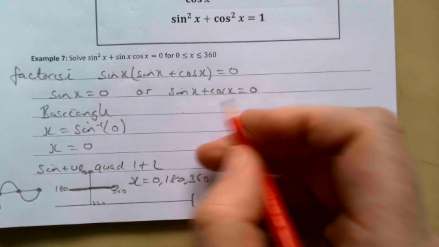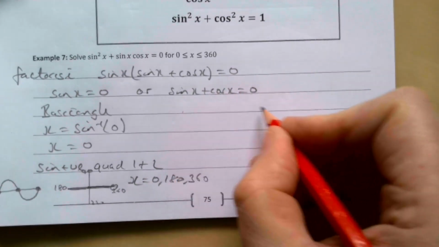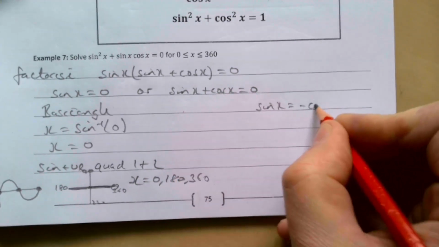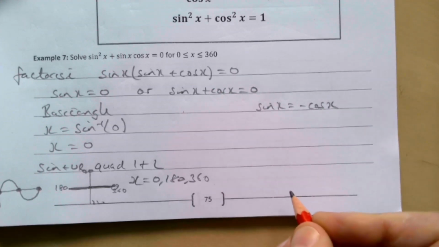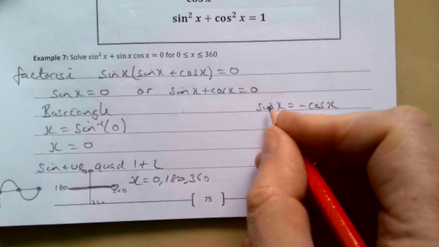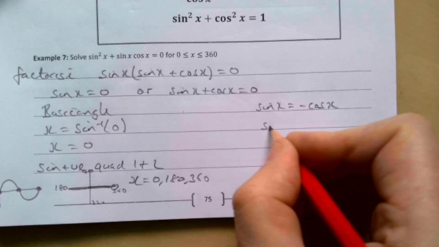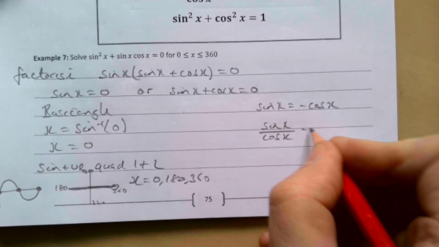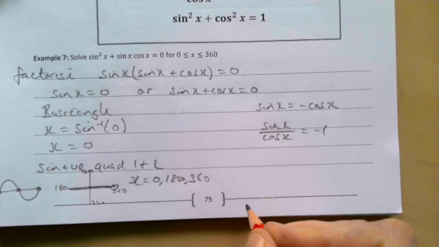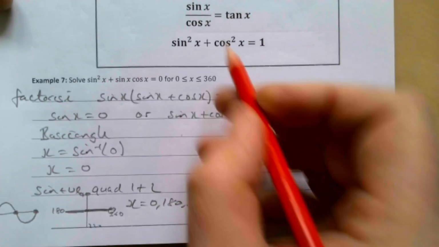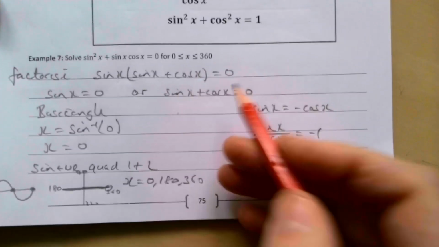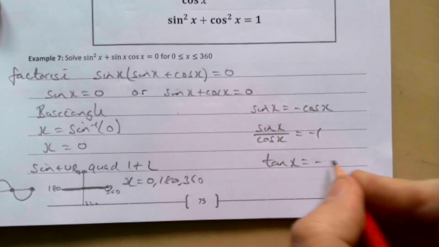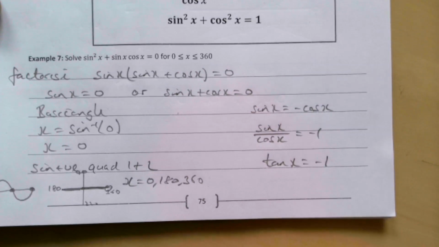Going on to this bit, I'm going to rearrange this and write sine x equals minus cos x, and then if I divide through by cos x, I'm going to get sine x over cos x is minus 1. We have just learnt from just above that sine x over cos x equals tan x. So I want to know where tan x is minus 1.